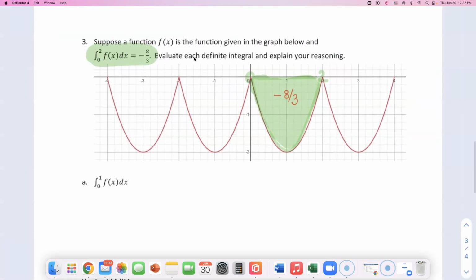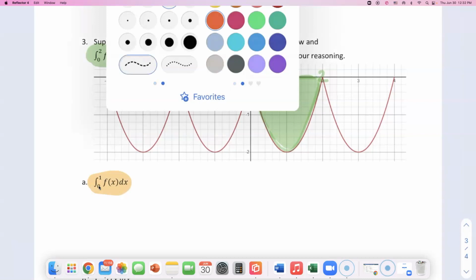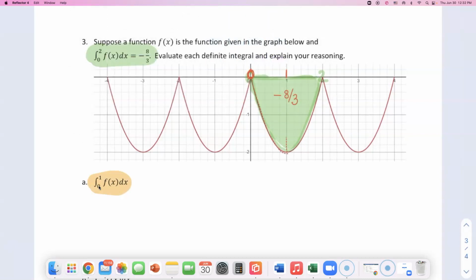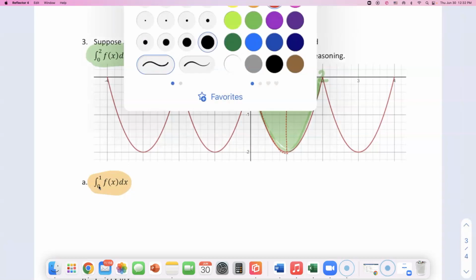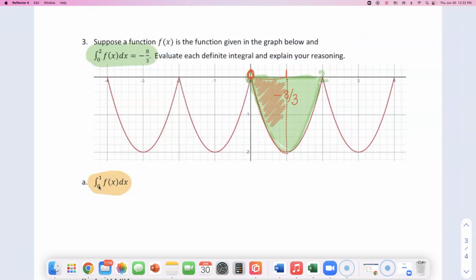First question is asking, what is the area as we go from 0 to 1? So if the entire green piece is negative 8 over 3, they're asking you how much area is in between 0 and 1. You see what's being asked over here, right? They're just asking you for half of the green piece. So I'm having so much fun with my highlighter today. Let me color. They're asking, what's that much?